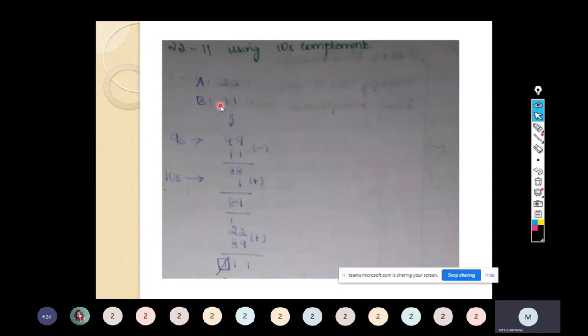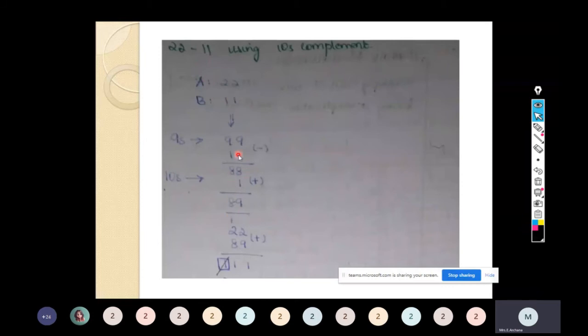We find the 9's complement, and the result is added with 1 to get the 10's complement. So 99 is subtracted with 11, and the answer will be 88. When it is added with 1, we get the tens complement result 89. So tens complement for 11 is 89.